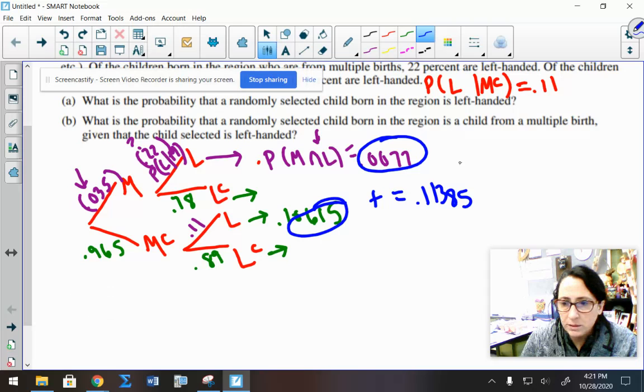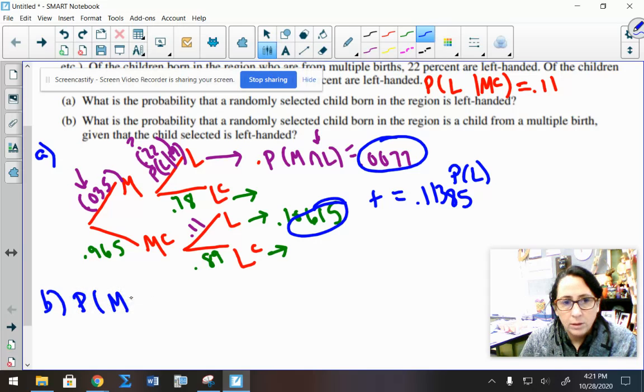Part B says, what is the probability that they are from a multiple birth given that they were left-handed? That one's tricky because the tree never gave me that. They gave me the probability of left-handed given M, so this is not in the chart.